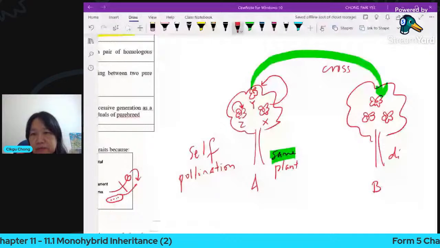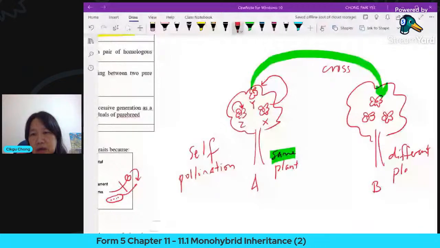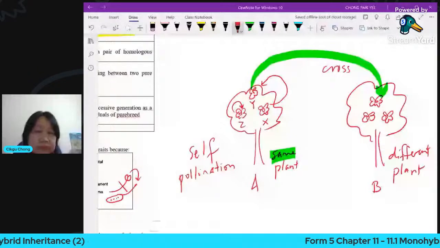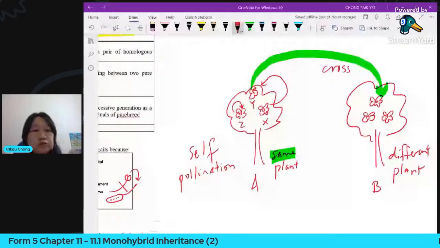Of course, same species. We're not talking about crossbreeding different species. Same species, but another plant. So the pollen grain of one flower drops onto the stigma of another flower on another plant. That's called cross.